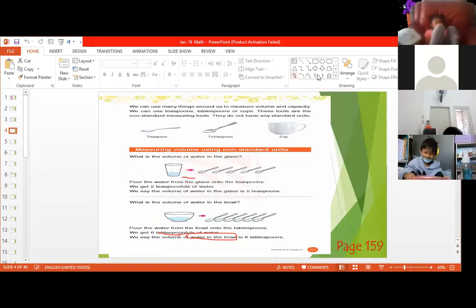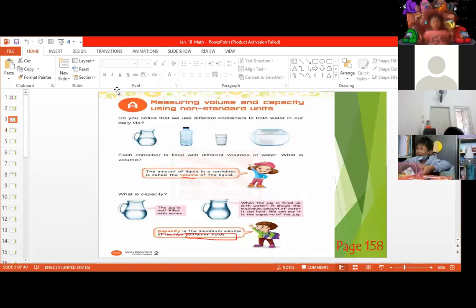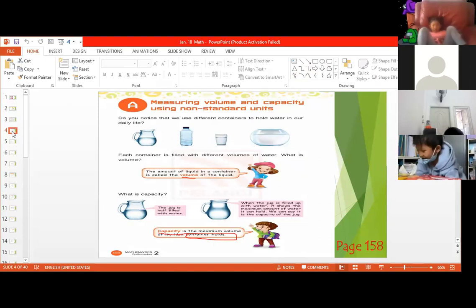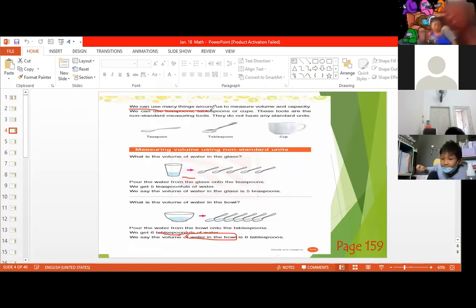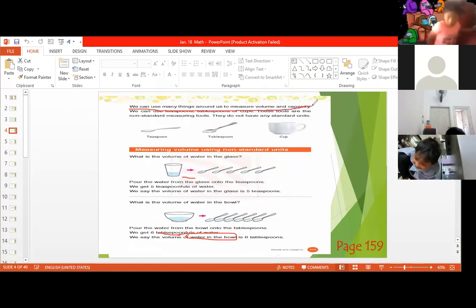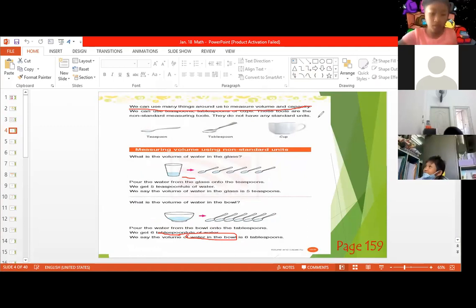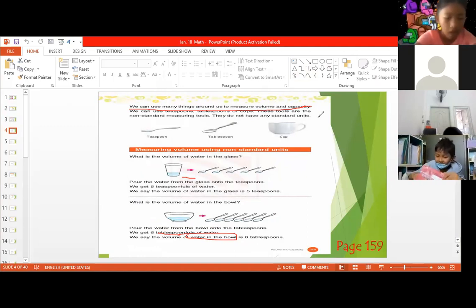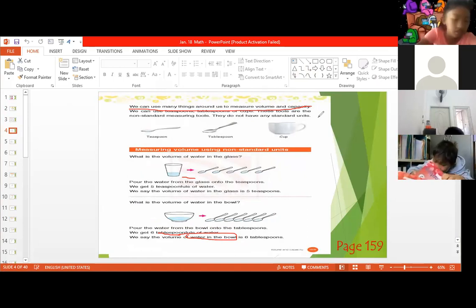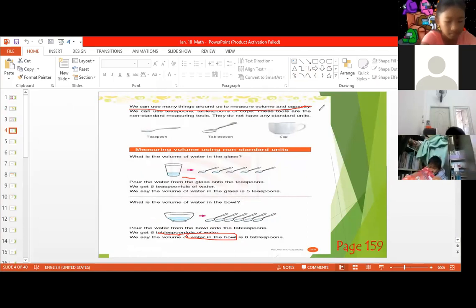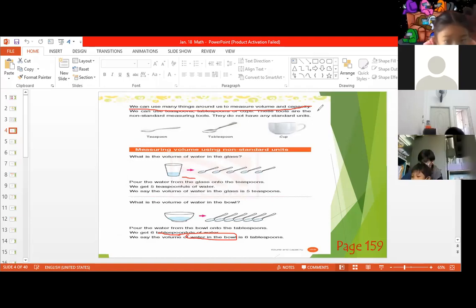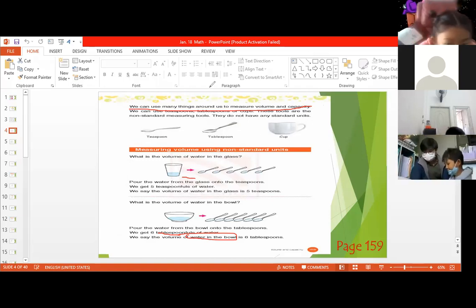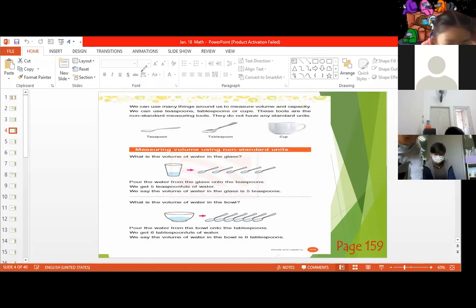So here we can use many things around us to measure volume and capacity. There are a lot of ways. For example, if we are not using milliliters, liters, or ounces, we have a lot of ways to measure volume and capacity.